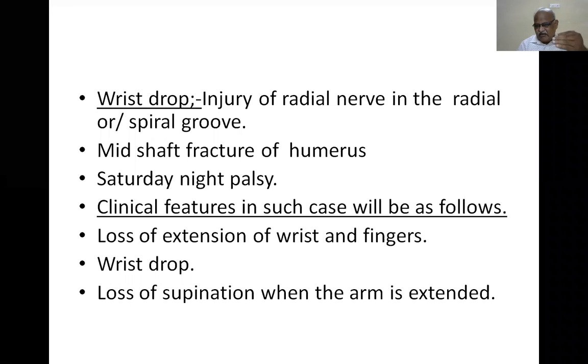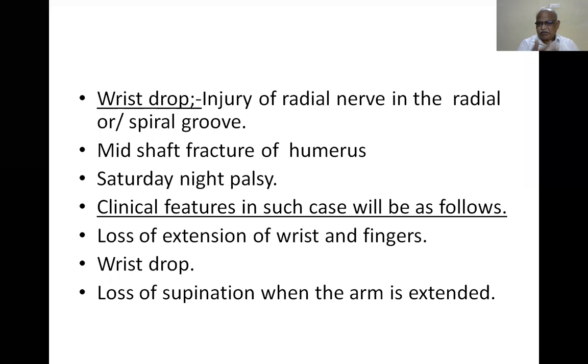So all the muscle supply below that area gets damaged if the radial nerve at the axillary level is injured by using crutches. This is otherwise called crutch palsy. So if anybody asks you crutch palsy, it is caused by radial nerve injury in the axilla by using crutches.